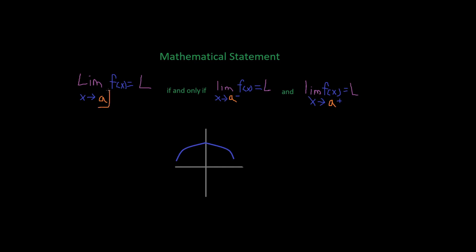Then this limit exists, right? This limit is not defined if the left-hand side and the right-hand side are not meeting up together. So that's basically what it's saying.